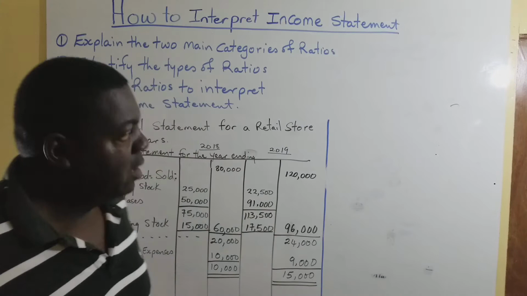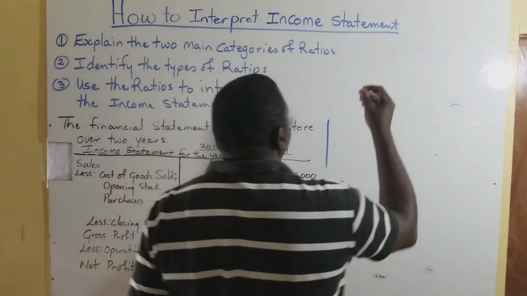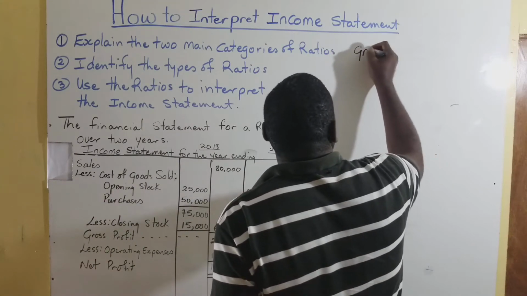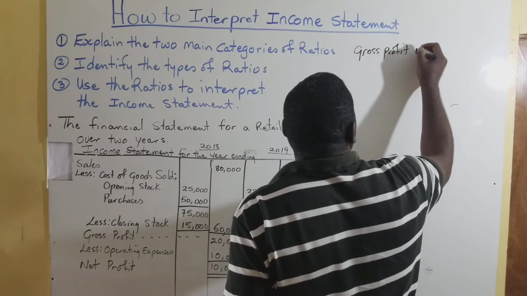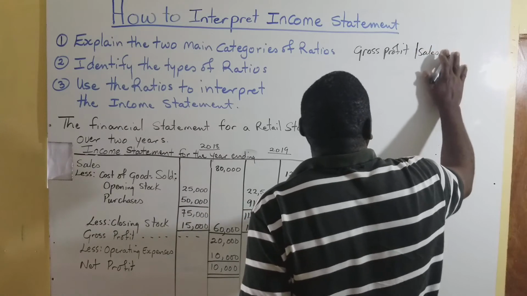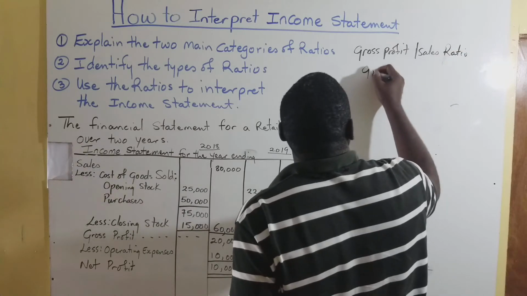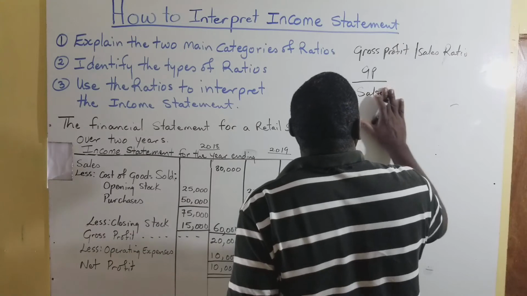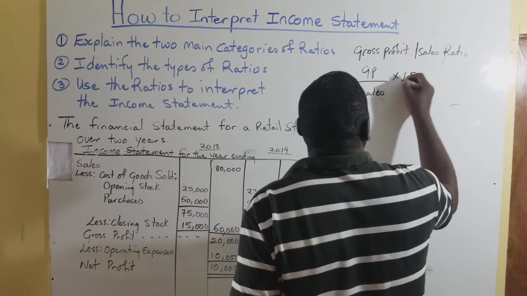Okay, now the first one we are going to be using is the gross profit to sales ratio, which is the GP over sales times 100 over 1.